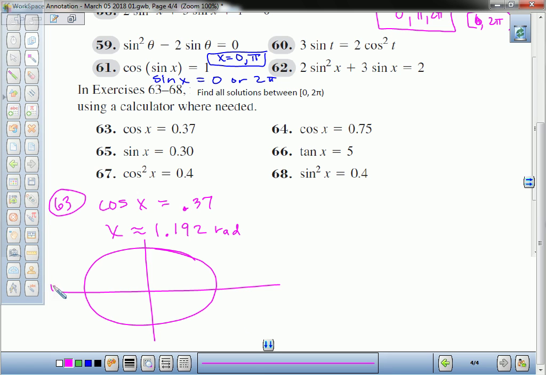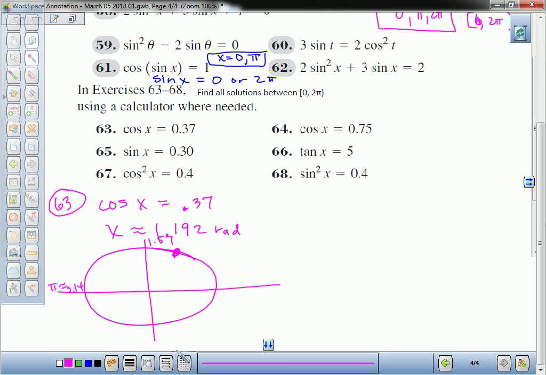We know that here's pi, which is approximately 3.14, and here is pi over 2, which would be 1.57. Let's put it there.